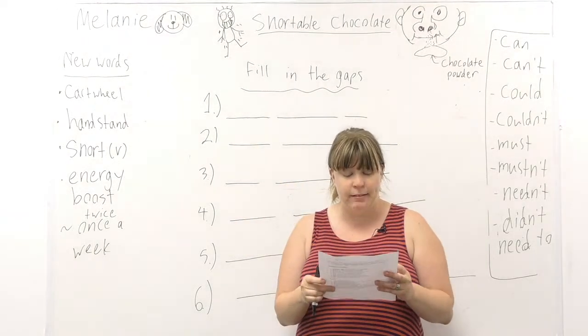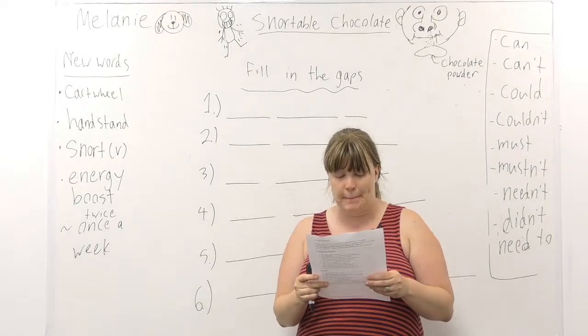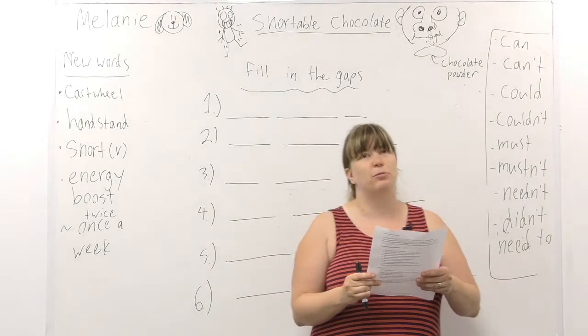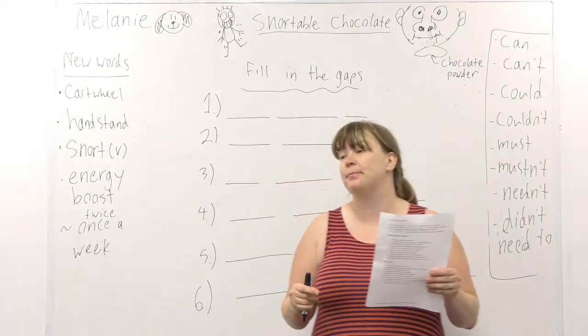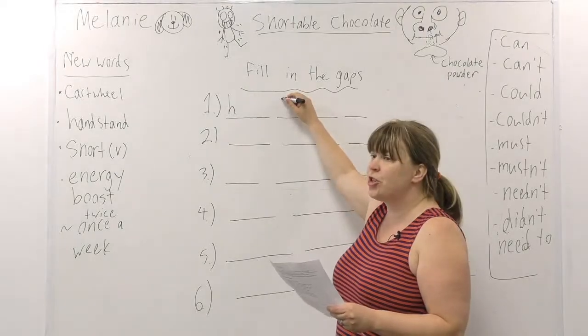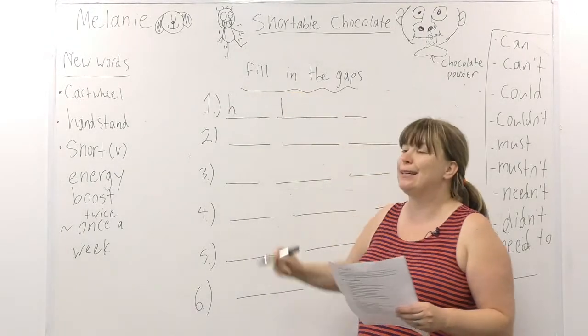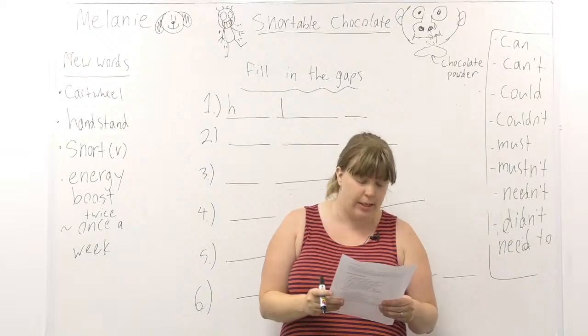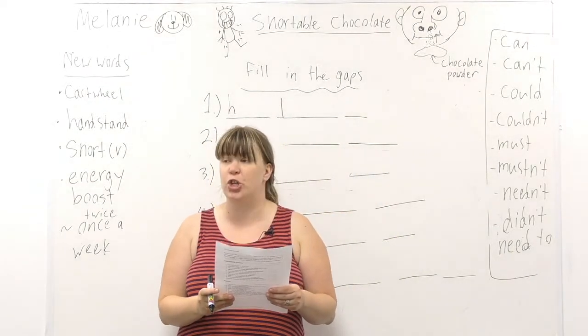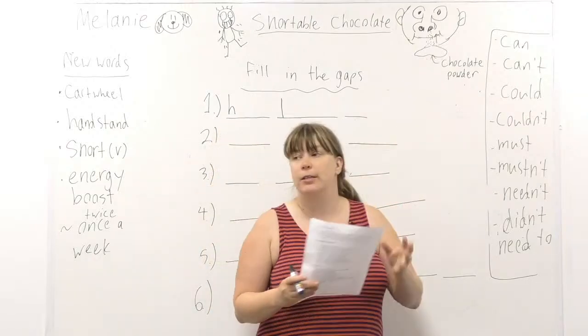A company in the USA, chocolate powder. What was the answer? So we got, begins with an H, and we got an L. So, a company in the USA, chocolate powder. You know what powder is?